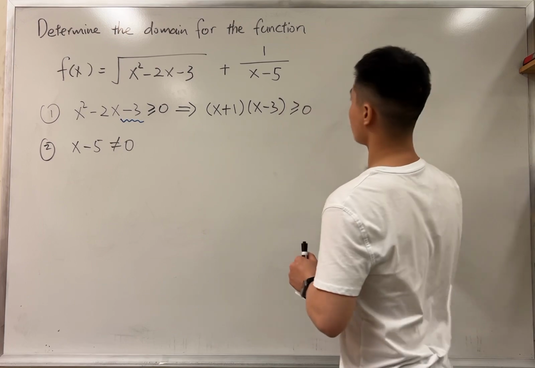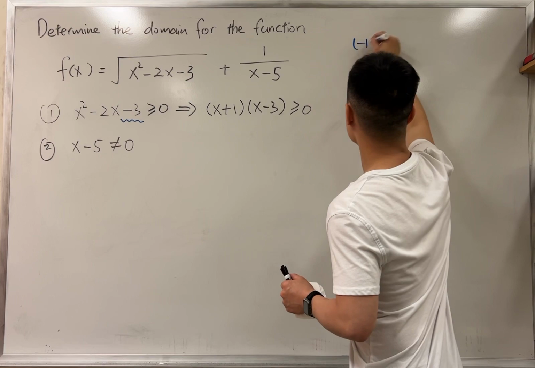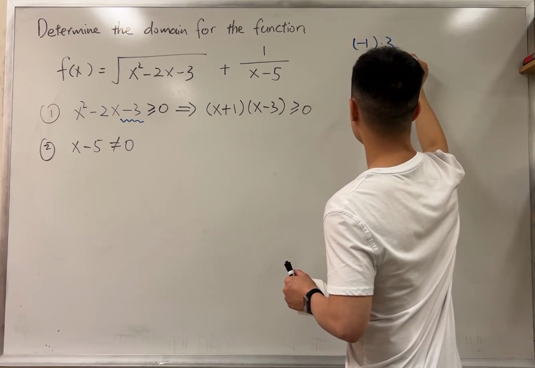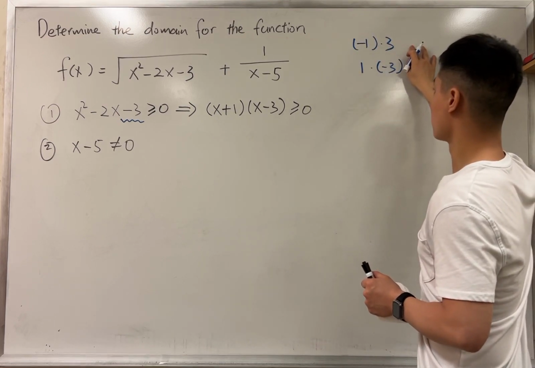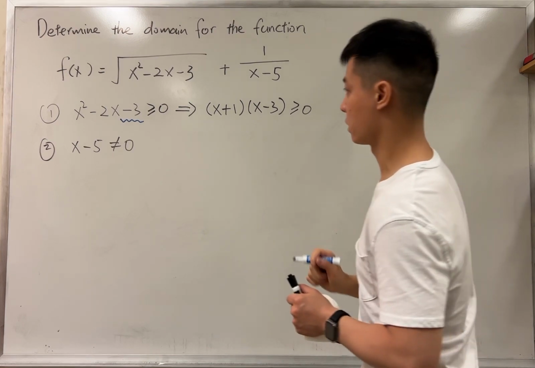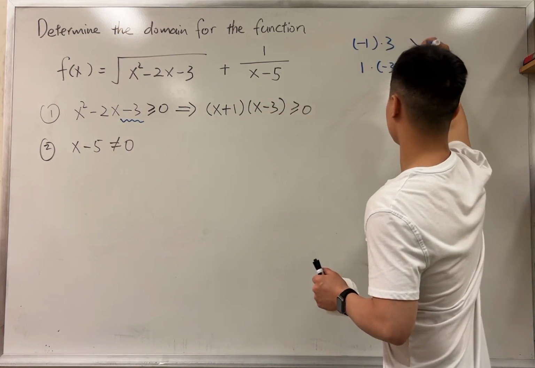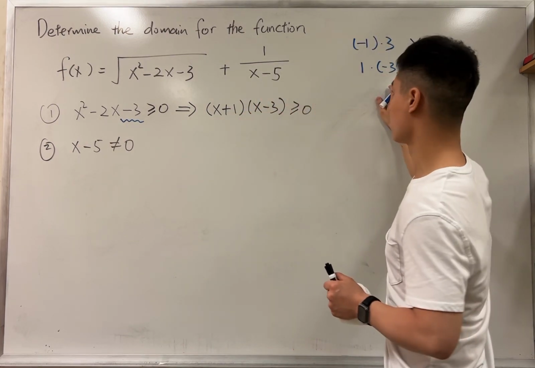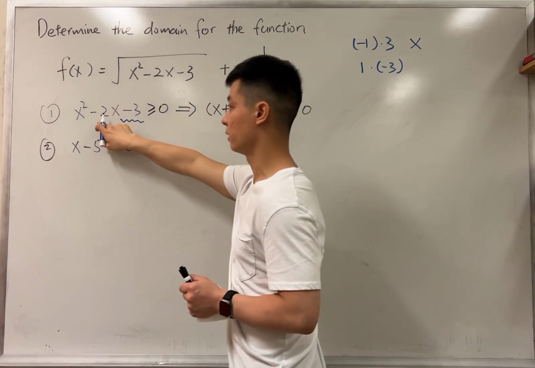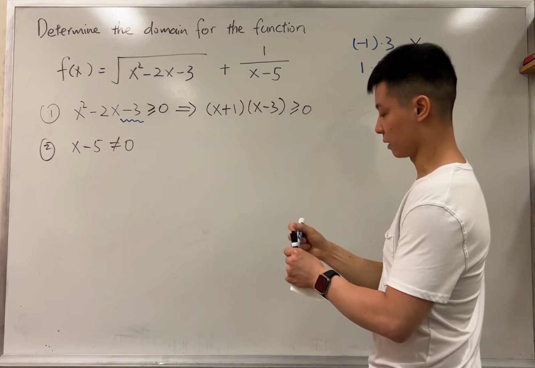So possible combinations to make this are going to be negative 1 times 3 or 1 times negative 3. But if we use the first combination, we see negative 1 plus 3 is positive 2, which does not give you this one. So that tells you this is the wrong combination. And then we test the second combination, 1 plus negative 3. That gives you exactly negative 2.